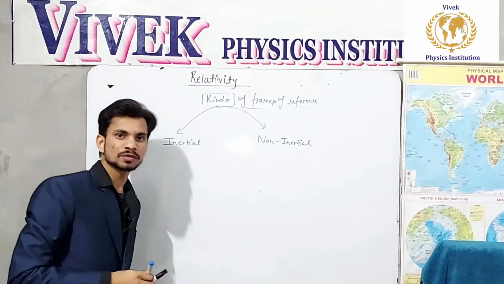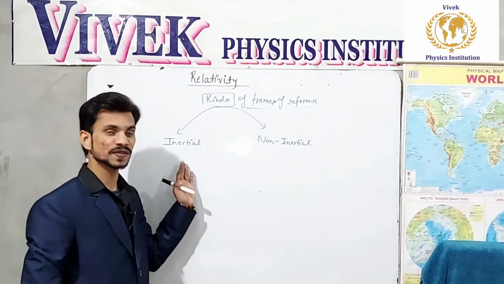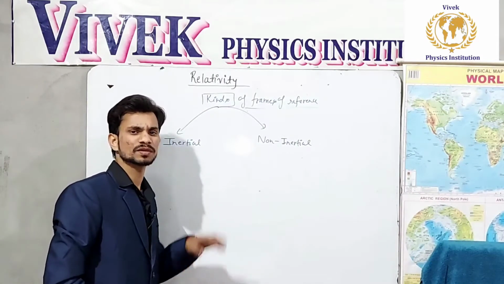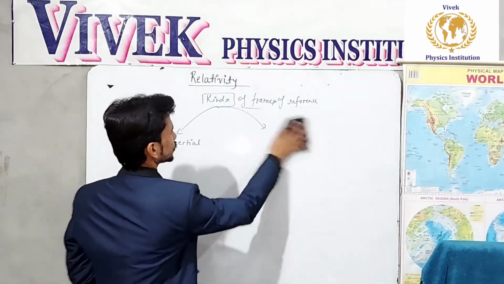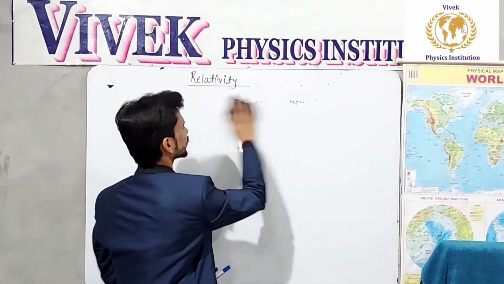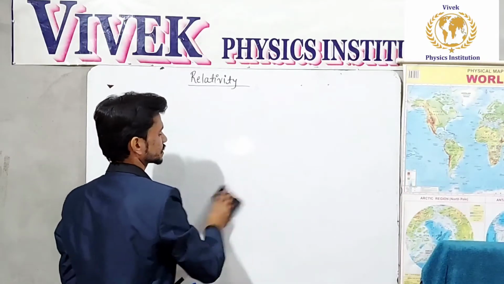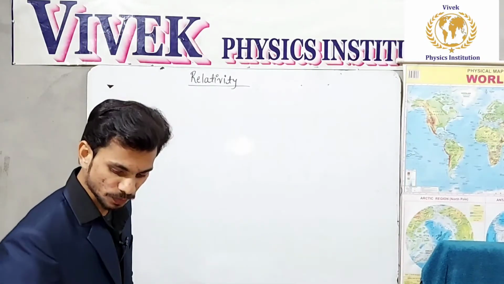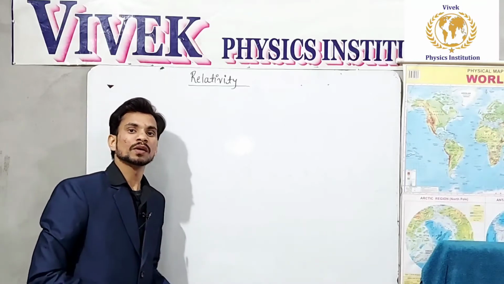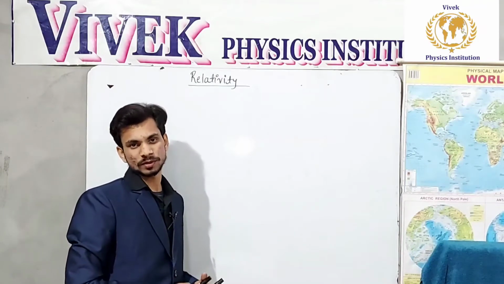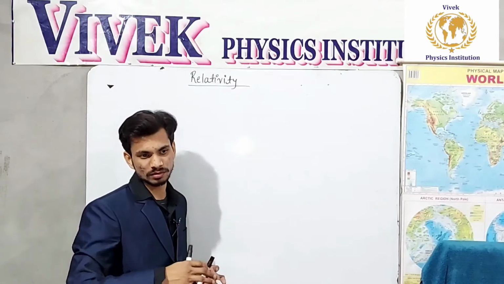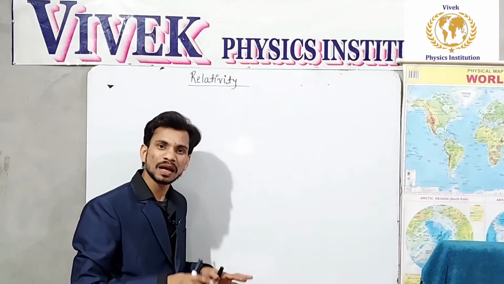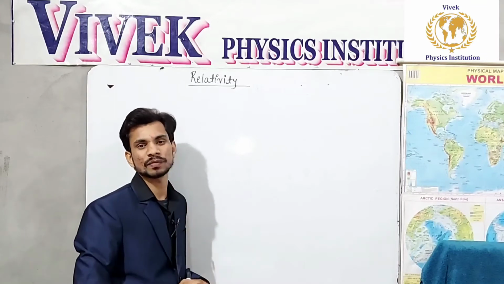Okay, so first we will look at the first kind of frame of reference, which is very well known as the inertial frame of reference. An inertial frame of reference is a kind of system in which all the fundamental laws of science, or greatly of physics, are valid as they are.